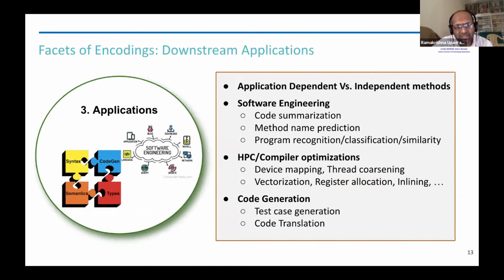And the third facet of encoding is the applications. The moment you get a proper encoding that satisfies certain characteristics, has certain features, then it can be used for various applications. Firstly, we really want to understand whether our encoding is application dependent or application independent.